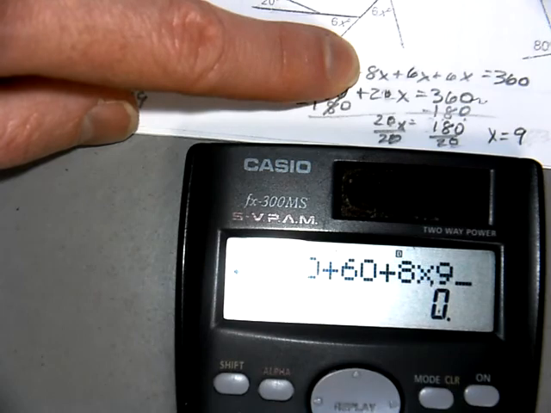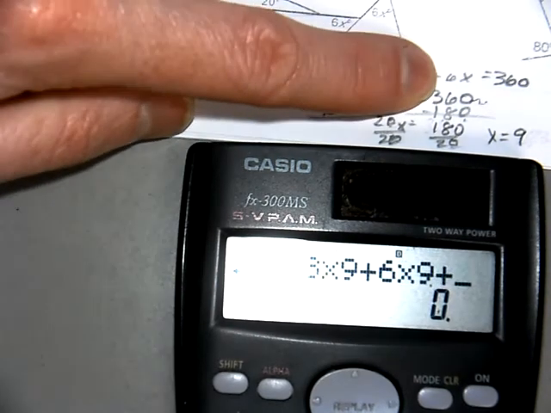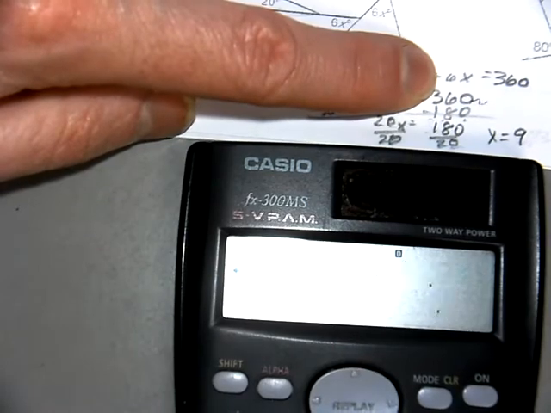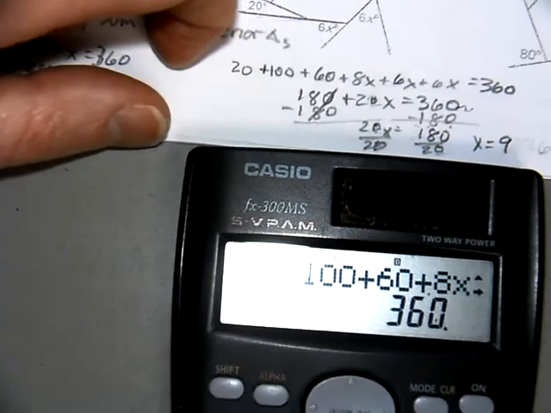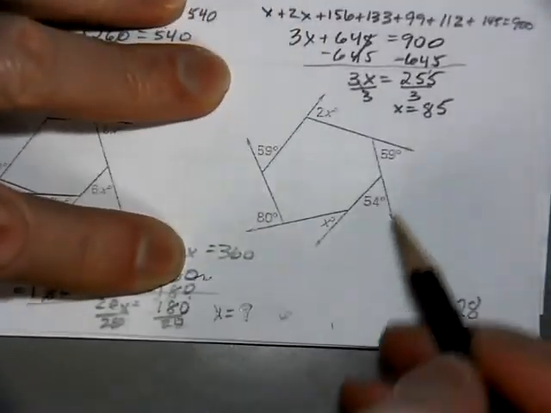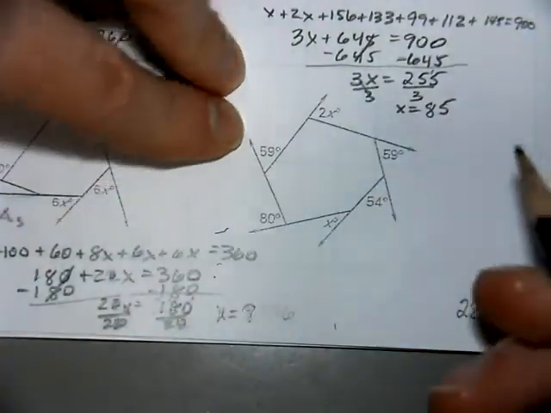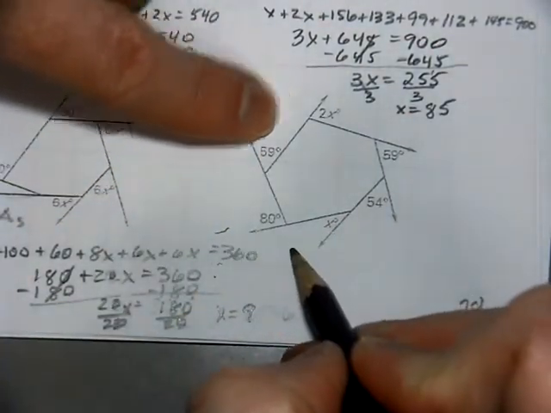So we're saying it's 9 plus 6 times 9 plus 6 times 9, and that should give me 360. You can check your answers. Alright, so here you know the sum is 360. There's not a lot of room here, but we'll do the best we can.